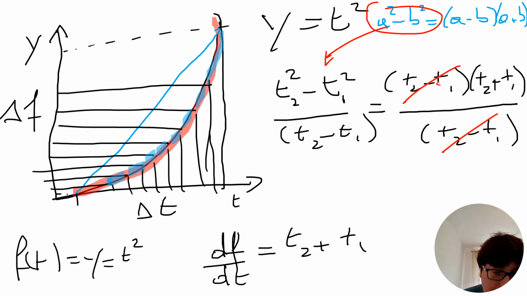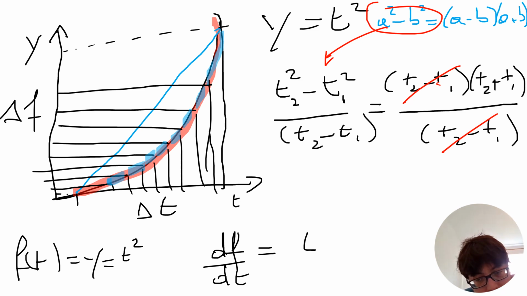So let's pick t1 always as 0. I mean, it just makes things easy. So t1 is 0, so we are left with t2, but in this case t2 can be any value, we can shift this graph anywhere we want, so let's call t2 simply t.